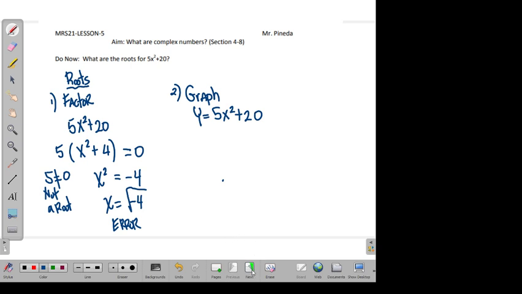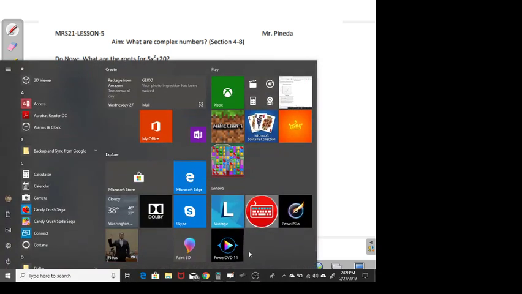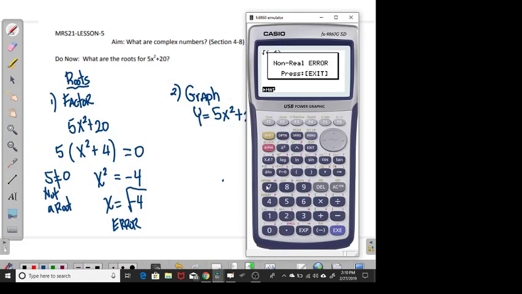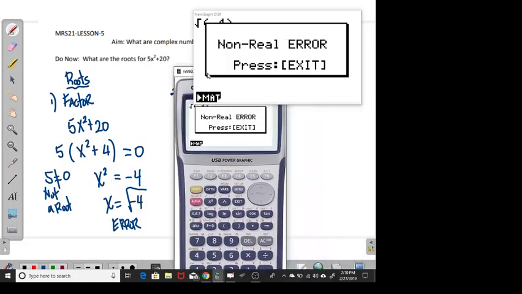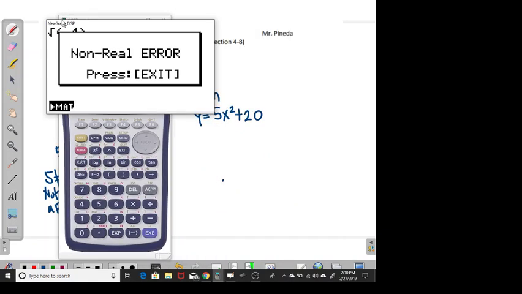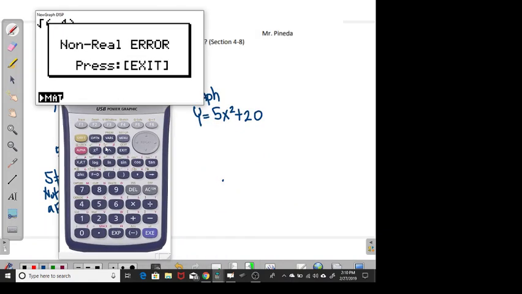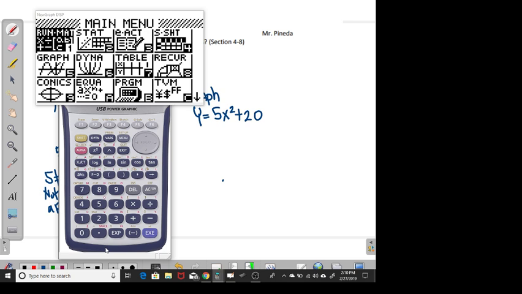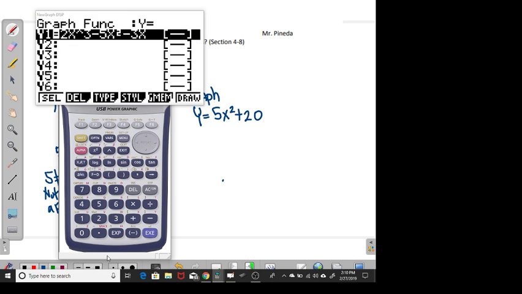Let's go to the calculator one more time and let's pull out the graphing section of the calculator. Hopefully you're following me. I'm going to go to menu, and I'm going to go to graph. For me it is 5. For you it is 3.